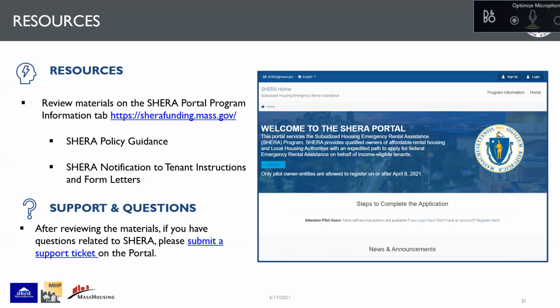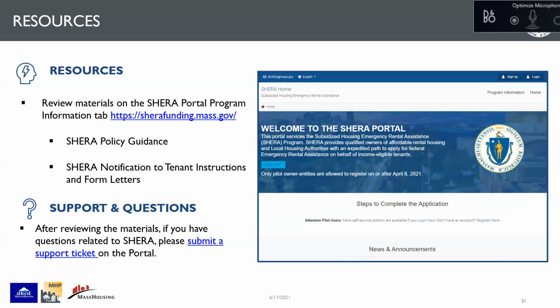There's also the application itself available, so you can check out the actual data points that are required to submit a bulk application, as well as some other tips and tricks and best practices from owners that have already begun to participate in the program and how they've organized and implemented the program at their properties. And as I mentioned, strongly encouraged to view those resources.